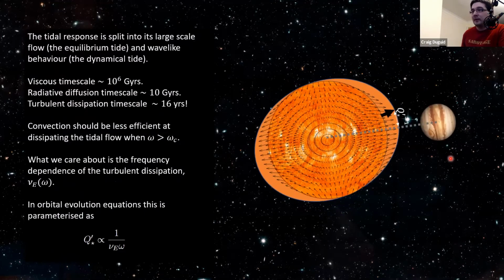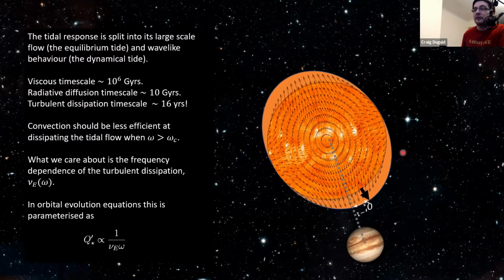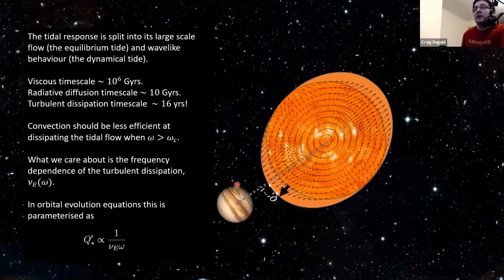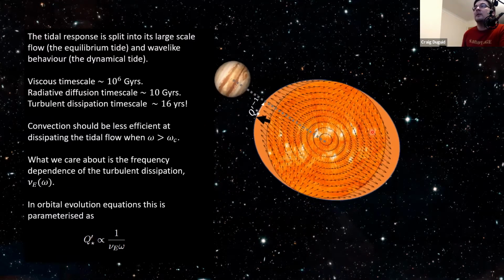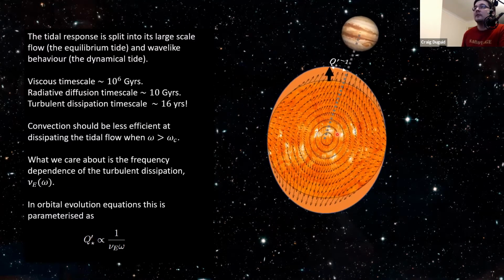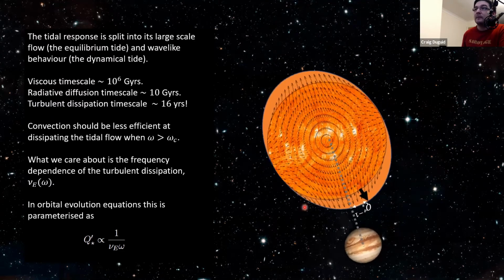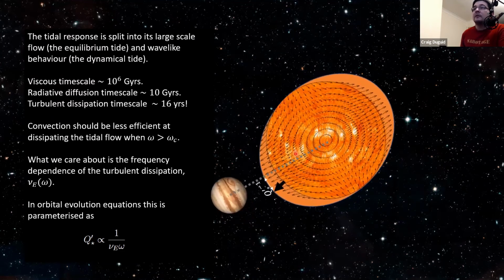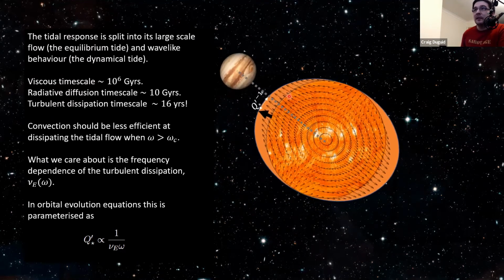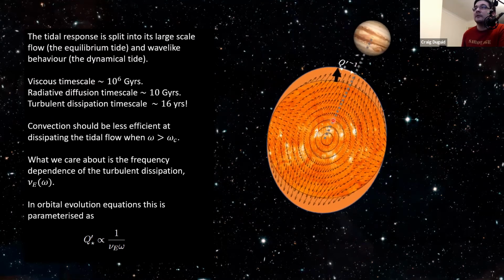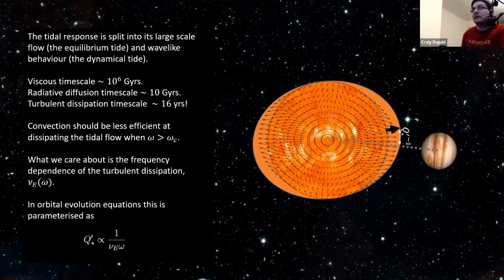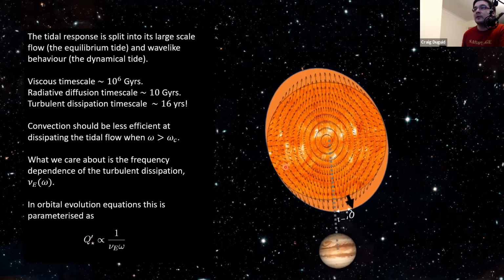Essentially, you have this planet orbiting around its host star, and the gravitational potential of this planet acts to deform its host star and excite a tidal flow, which causes this deformation in the star. Dissipation in the system then acts to misalign this deformation with the line of centers, and it also modifies the gravitational potential of the star.